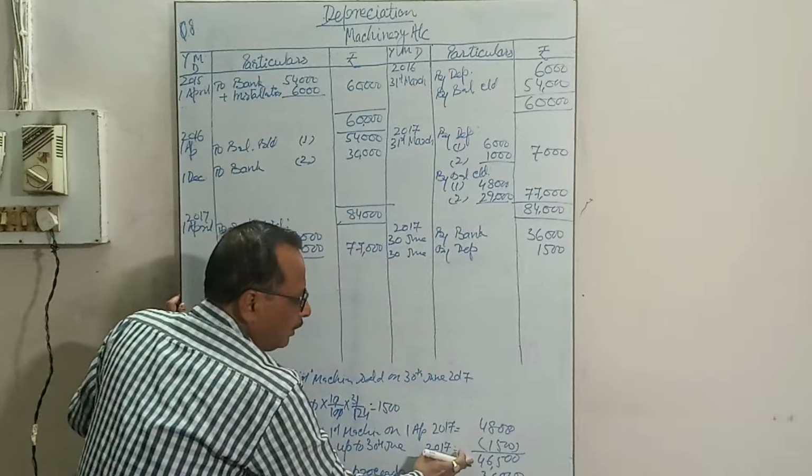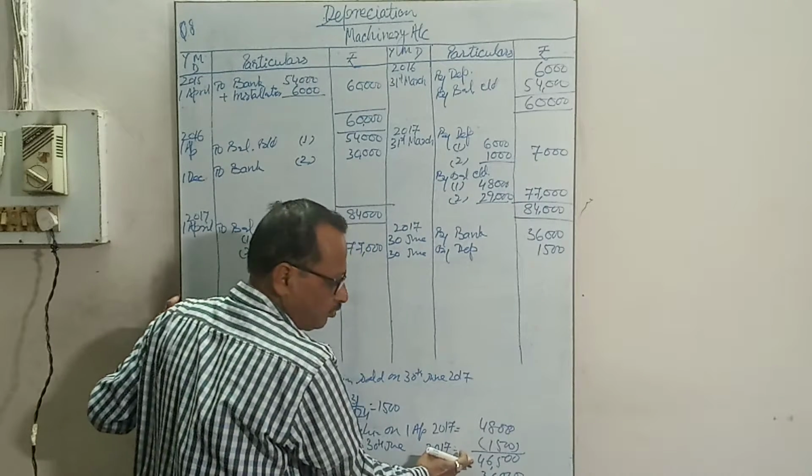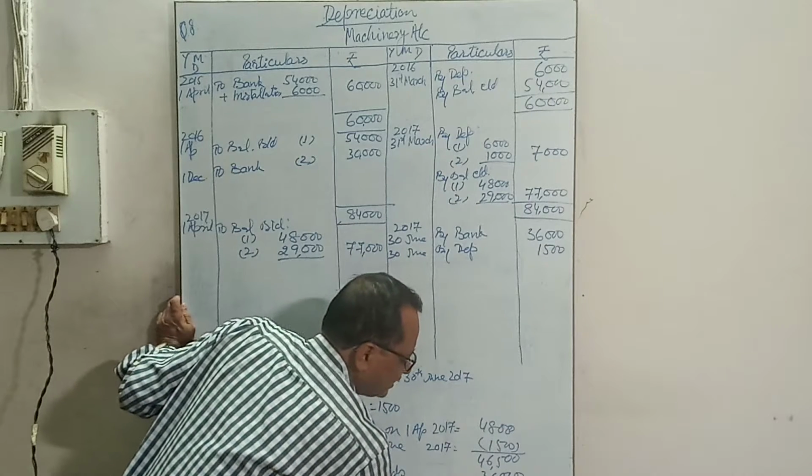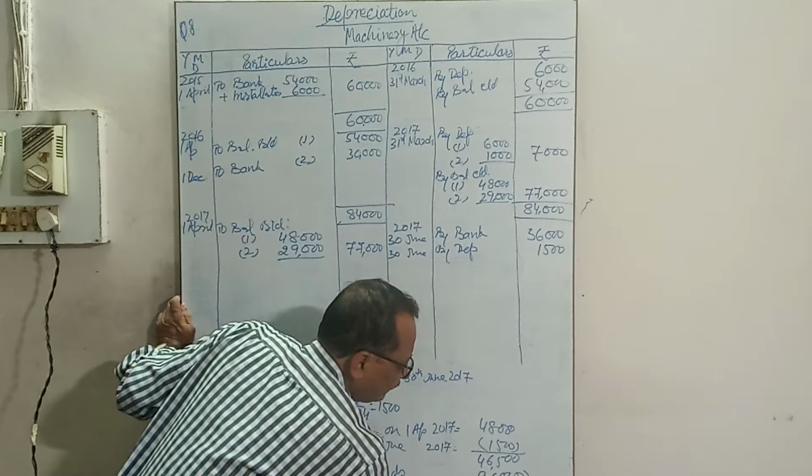Mean the book value on 30th June 2017 is 46,500, which is sold for 36,000. The business is suffering a loss of 10,500.